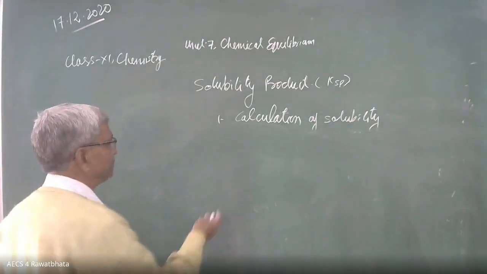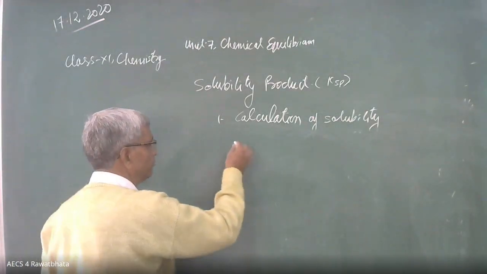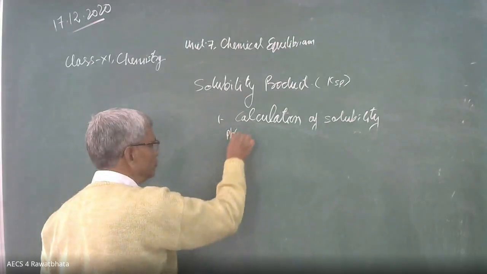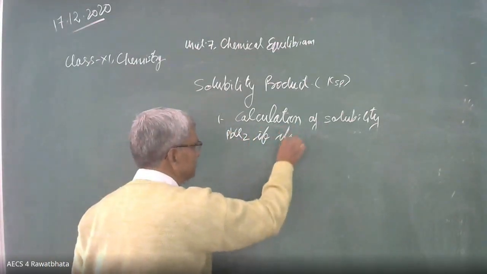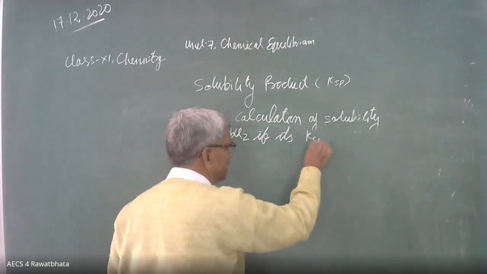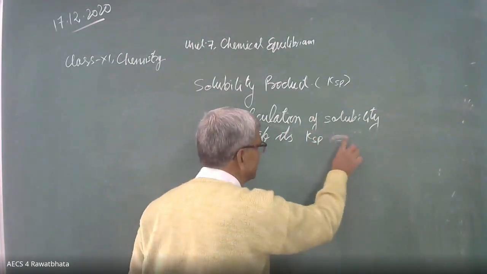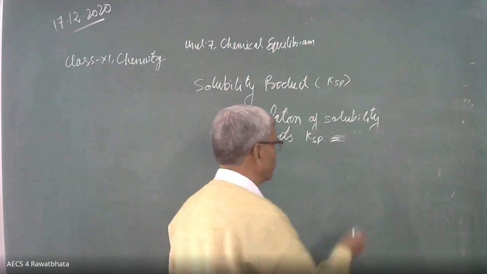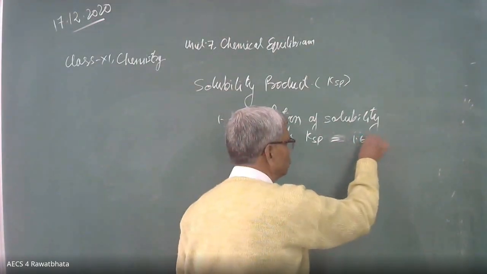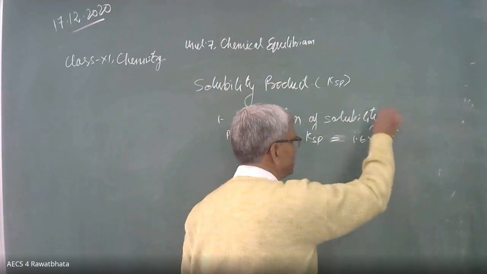Here it is. Calculate the solubility of PbCl2 if its solubility product Ksp is equal to 1.6 into 10 raised to power minus 5.